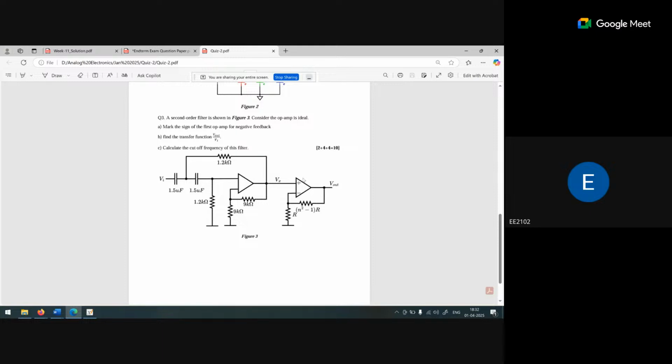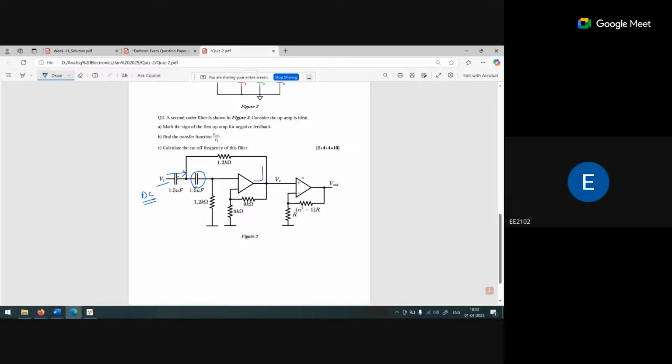Now you can see here, when we apply the Vi voltage, we consider Vi as a DC. So if we do the DC analysis of that one, in DC this particular path will be open. Similarly, this capacitor behaves as an open circuit.